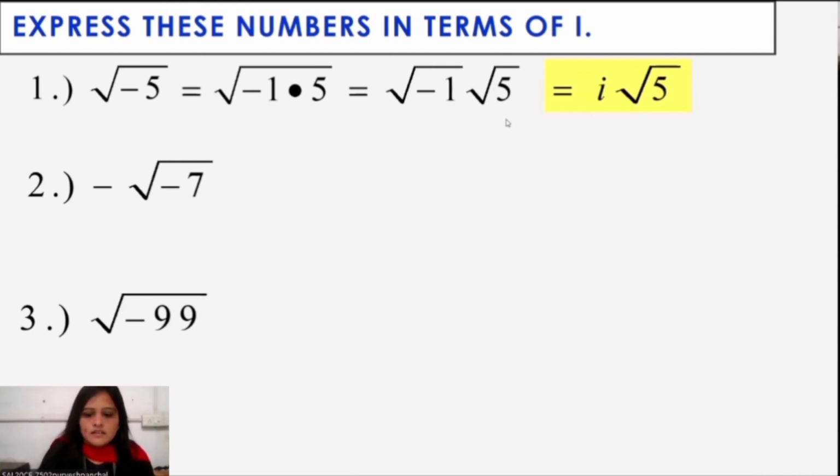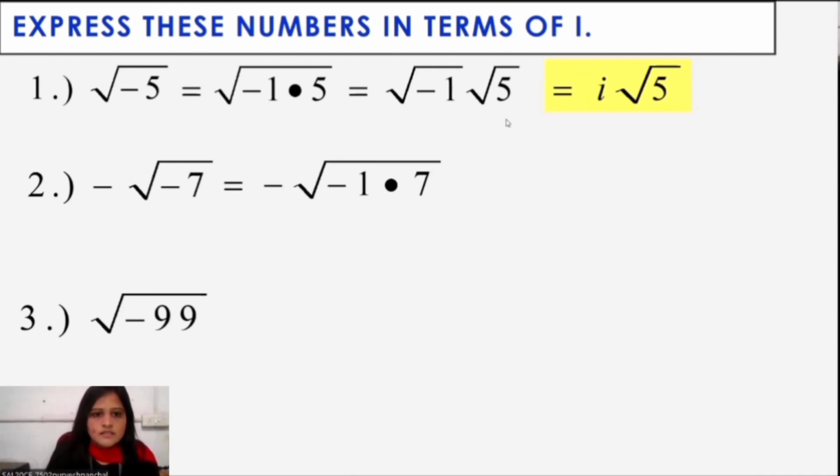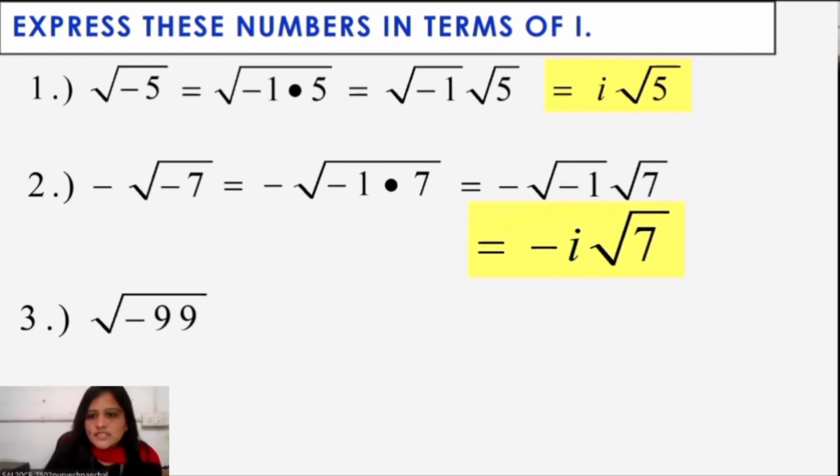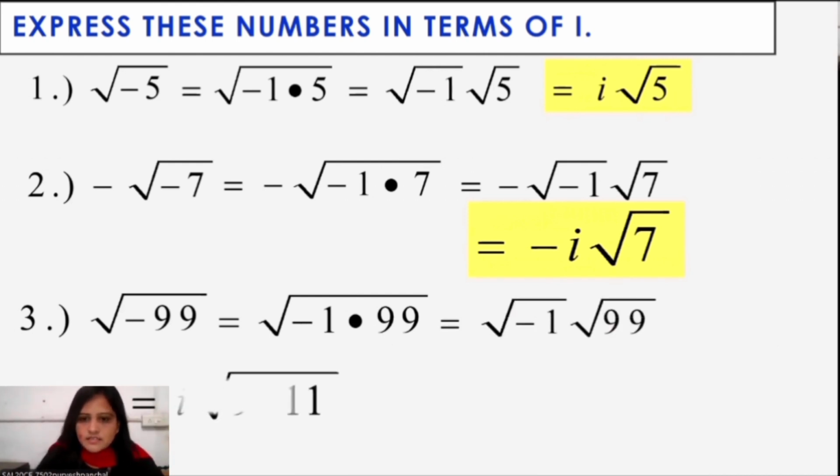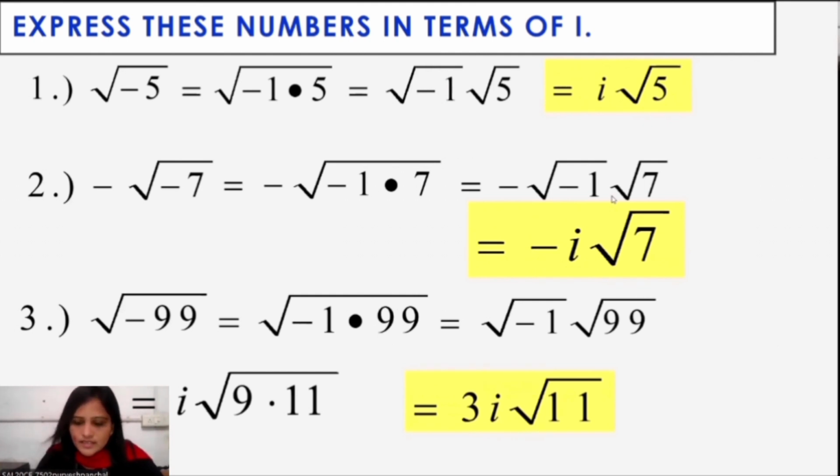Similarly, we can write minus under root minus 7 as minus i root 7. And minus under root minus 99 we can write as minus i under root 9 into 11, so we have minus 3i under root 11.